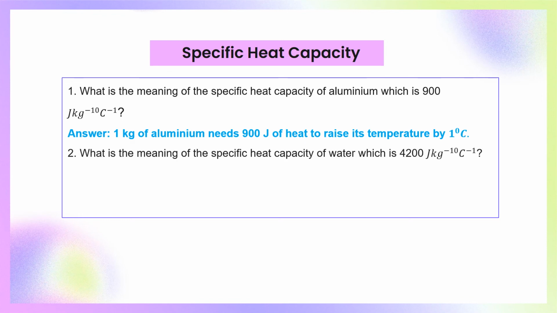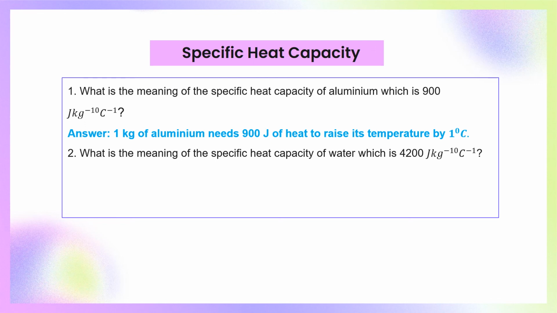The next question is, what is the meaning of the specific heat capacity of water, which is 4,200 joule per kilogram degree Celsius? This question is the same as the first question, but it uses a different type of substance. The first question used aluminium, and the second question requires us to define the specific heat capacity of water.